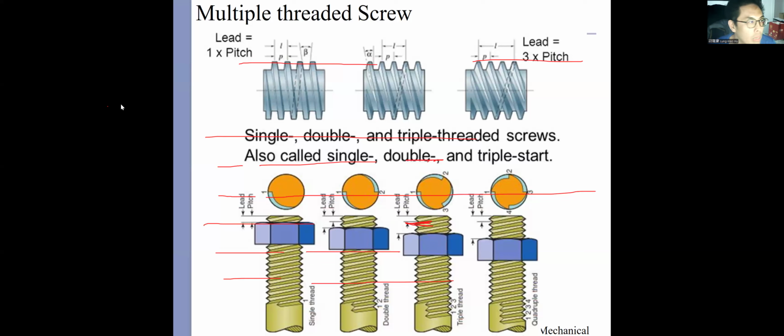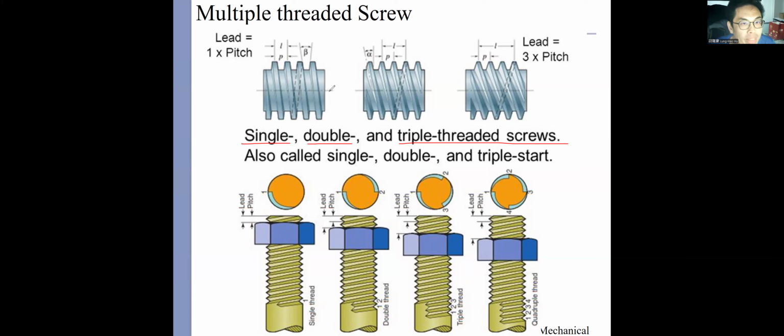Okay, so now the thread with multiple screws. For single, double, and triple thread screws, it is defined as follows: when the lead equals 1 pitch, we say it's a single thread screw.